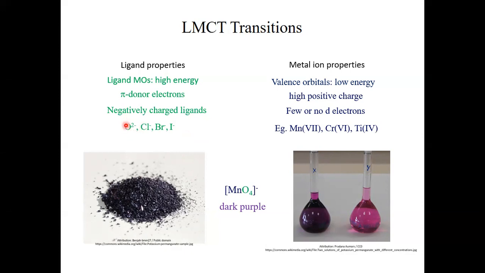Therefore, the respective pi molecular orbitals have a high energy, so that the energy difference between these orbitals and these orbitals is small enough that light absorption in the visible occurs.